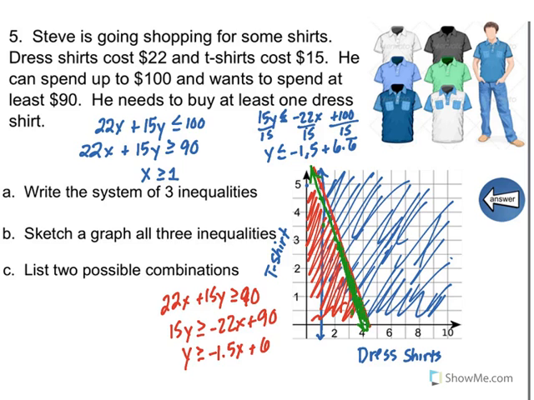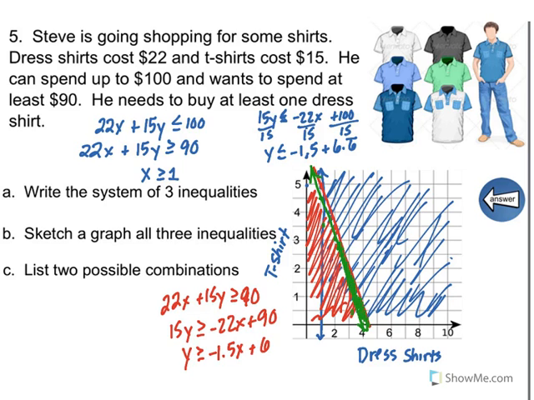And so our possible solutions would be anything that is in the green. So you could get 4 dress shirts and possibly 1 t-shirt. Again, you'd want to check your solutions here.